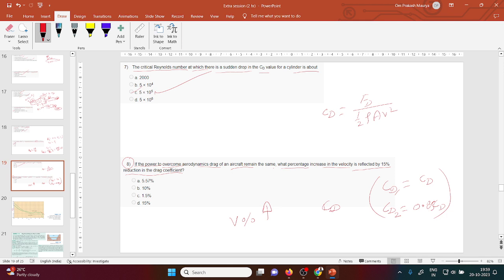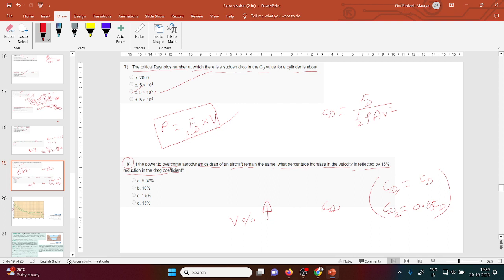The power is the same. You know the power formula is the drag force FD into velocity. So the power to overcome the aerodynamic drag, which is the drag force into velocity, remains the same.